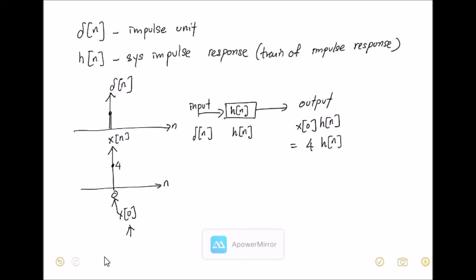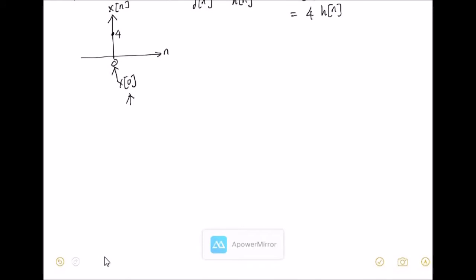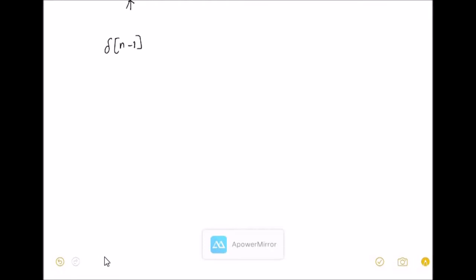Now we go to another one, the shifting property. Say I have delta[n minus 1]. So this is at location 1, and then I have x[n], at location 1, I have 4.